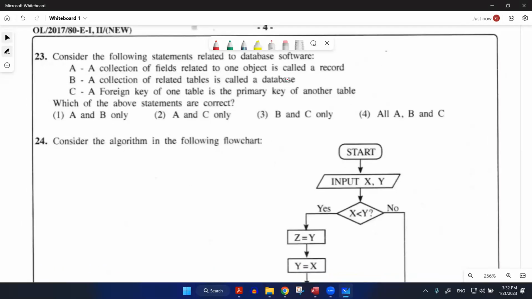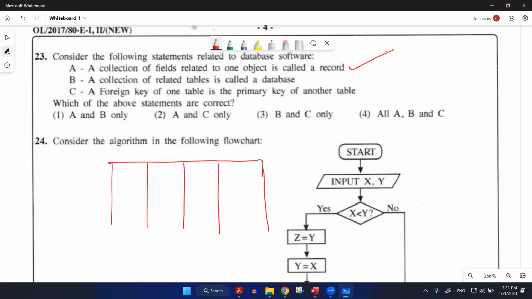All right. Consider the following statements related to database software. A collection of fields related to one object is called a record. Of course, that's the definition given in your book for a record. That is correct. When it comes to tables, fields mean the columns, so the columns get particular column headers or field names.